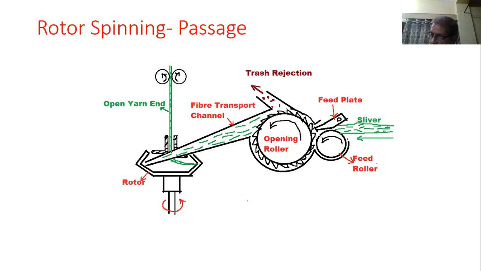This machine comes in sections of 20 or 24 rotors. Depending upon requirement, we can have the required length of the machine and maximum number of rotors. Various companies are giving up to 500.